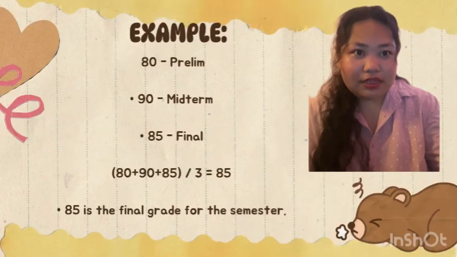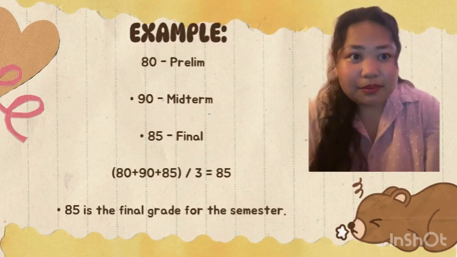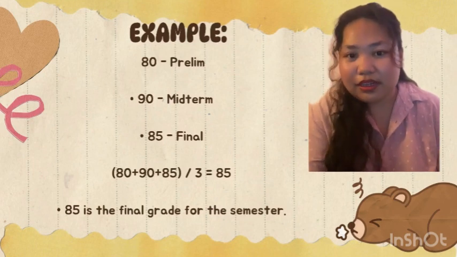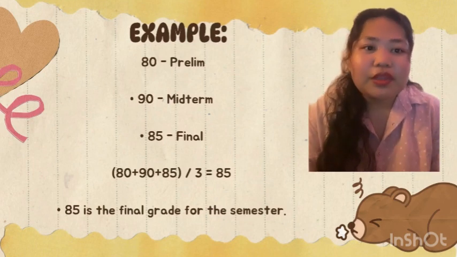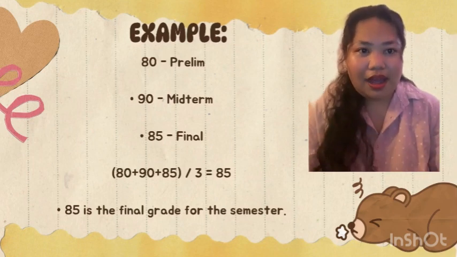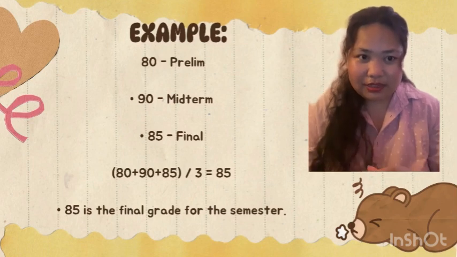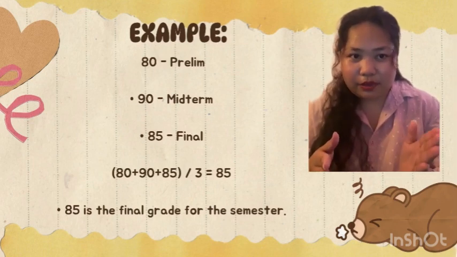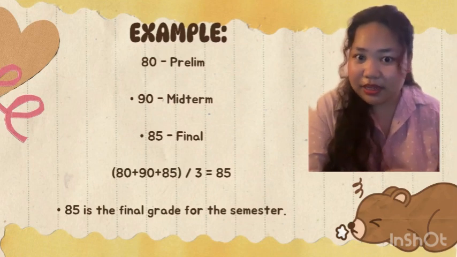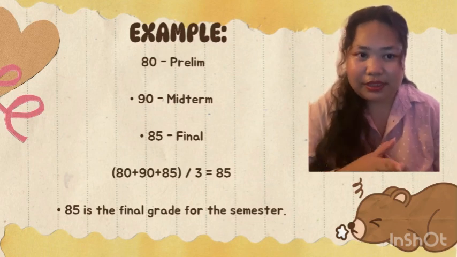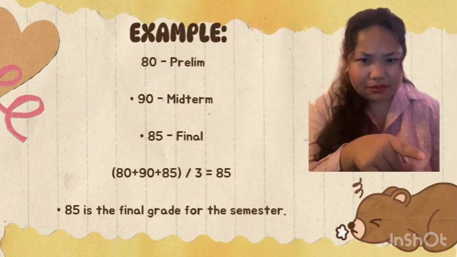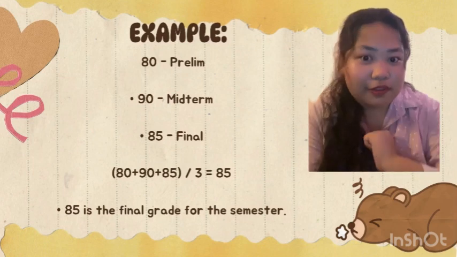The example is here. For the prelim, we have 80, the midterm, we have the grade of 90, and for the final, we have the grade of 85. In order to get the overall average, we will be adding all of those three. 80 plus 90 plus 85, and then we're going to divide it by 3, since there's a total of 3 grading periods.